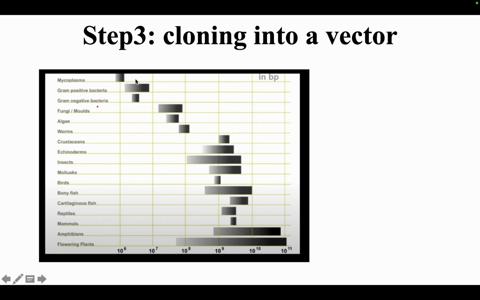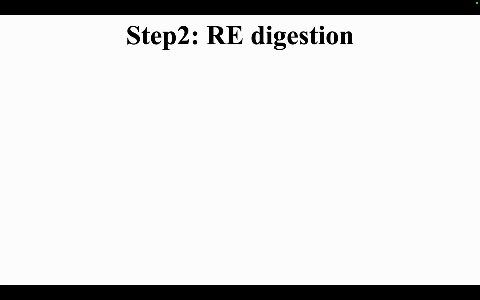Mostly we use gram negative or gram positive bacteria for cloning, or we also use yeast. So these are the approximate sizes which are used for cloning.